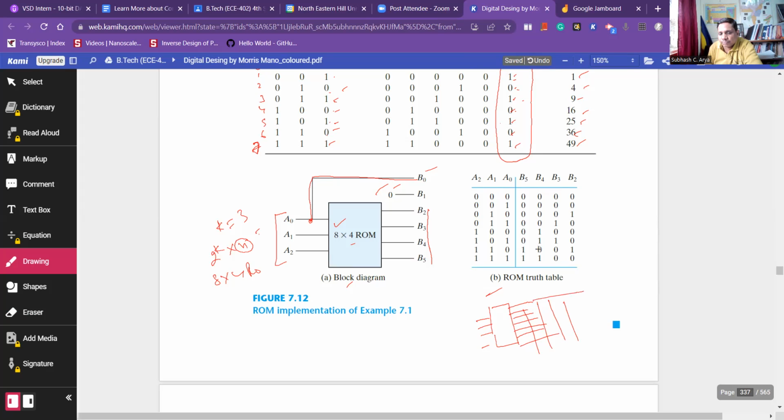Basically there are 6 outputs in total, but two are not connected with the decoder. So B0 is nothing but A0, B1 will be logic 0 here, and the rest will be connected as B2, B3, B4, B5. So make the connections as per this logic, where we have logic 1.